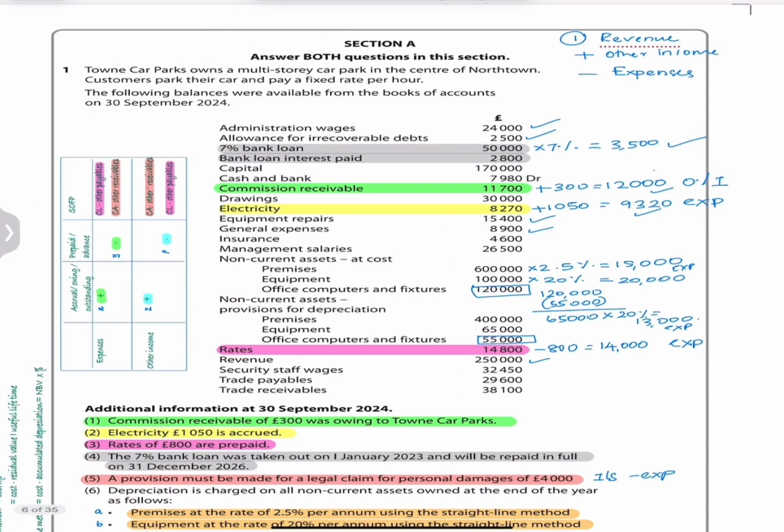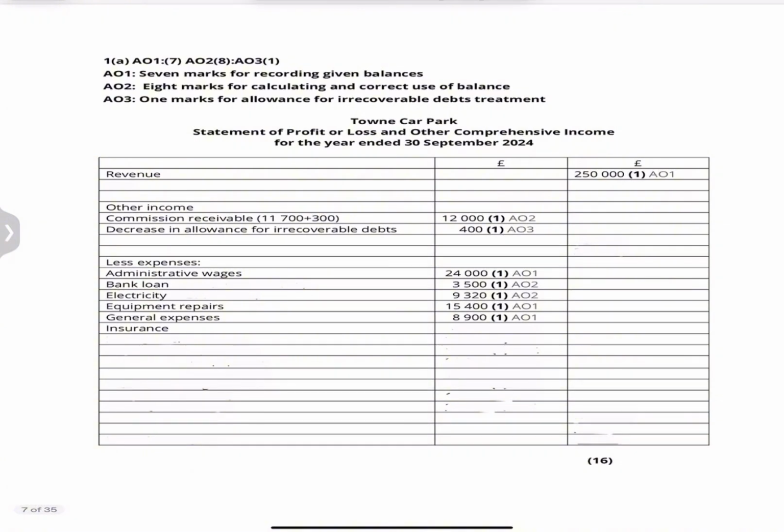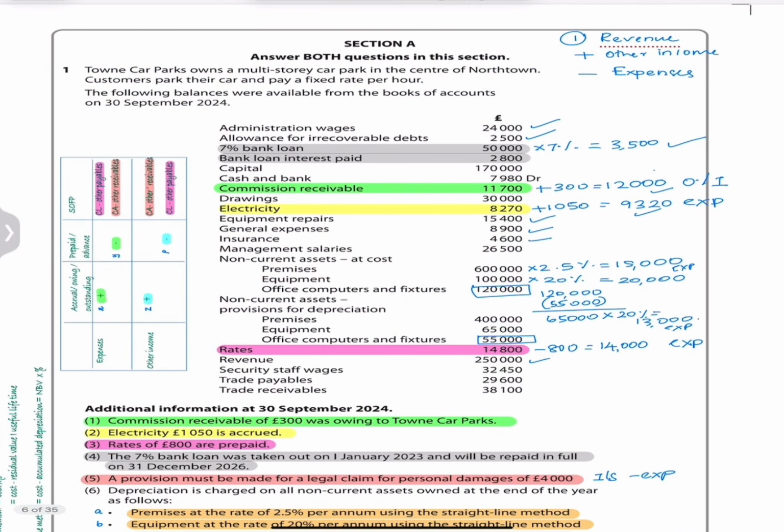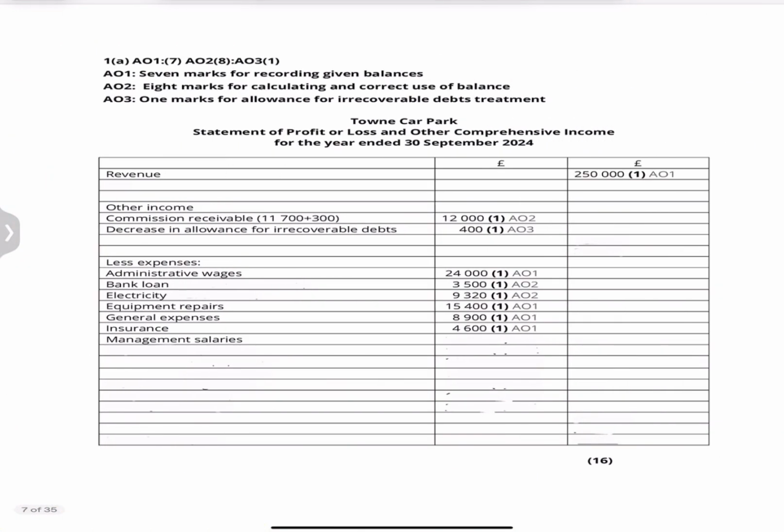Insurance, let's see if we have any adjustment for that. Insurance is 4,600. No adjustments. Let's enter that under expenses. Management salaries. As you can see here, management salary is 26,500. Let's enter that under expenses, no adjustments.